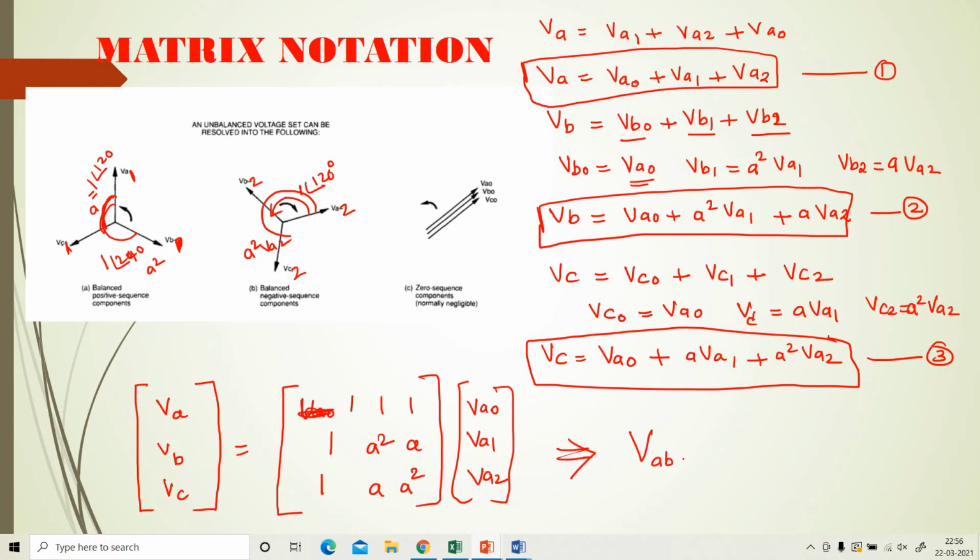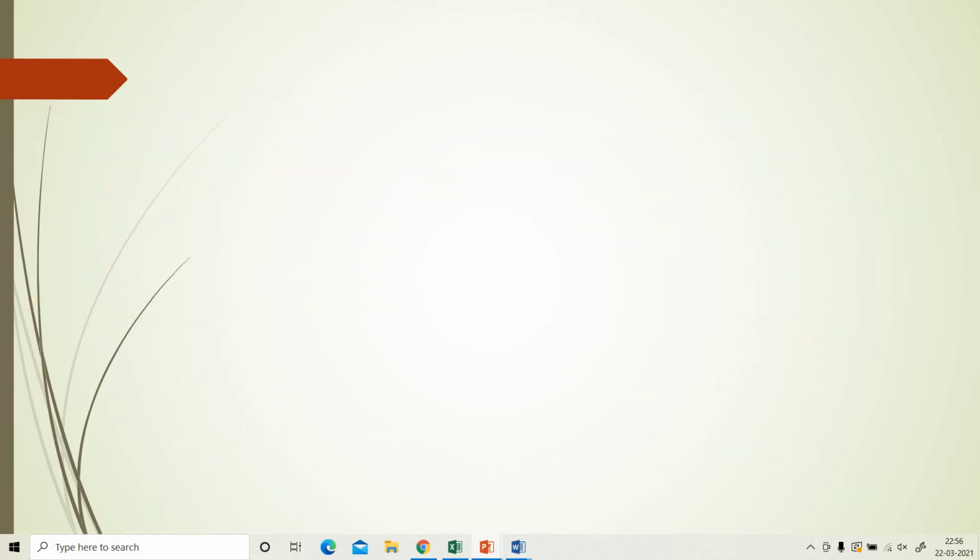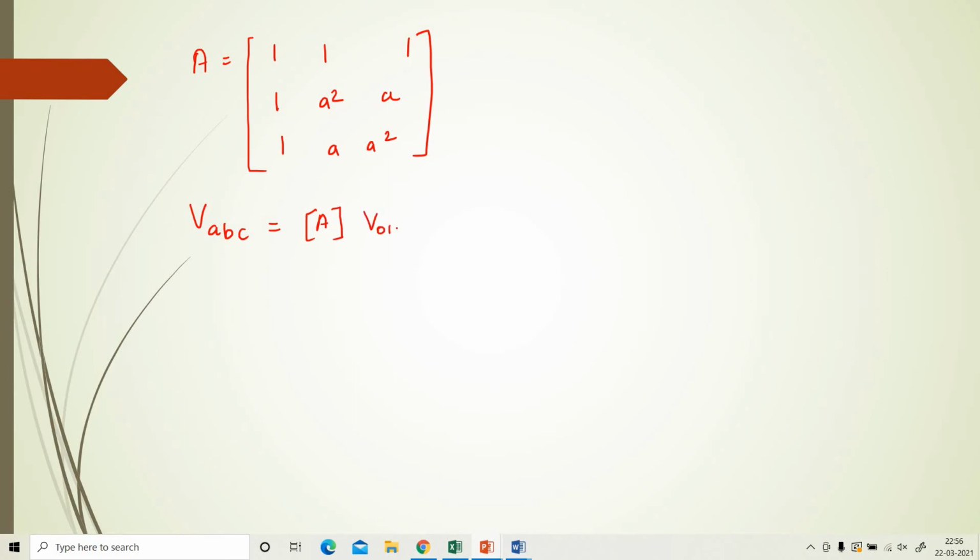So VABC is the unbalanced voltage that is equal to the matrix A into V012, the symmetrical components. So once again, A is equal to 1, 1, 1; 1, a square, a; 1, a, a square. Now our equation is unbalanced voltage VABC equal to matrix A into V012.